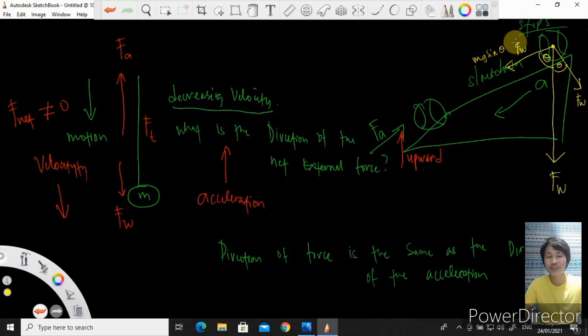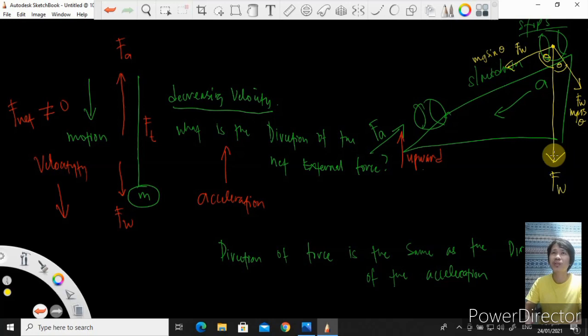Yung parang component ng vector, di ba? Forces directed at a certain angle will have two components, the horizontal and the vertical component. Okay? In this one, F sub W will become mg cosine theta. Anyway, madidiscuss natin yan when we talk about friction.